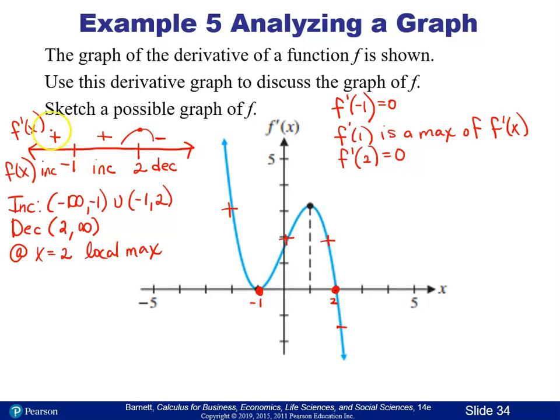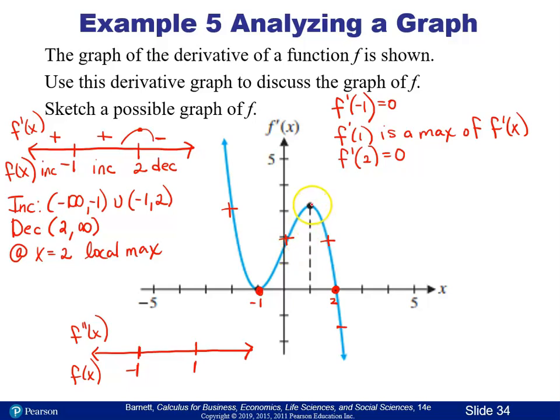Okay, so we've talked about the first derivative. Let's look at the second derivative and what we can see from that. On the graph of our first derivative, the maximums and minimums are actually our critical numbers here, so we're going to have -1 and +1.